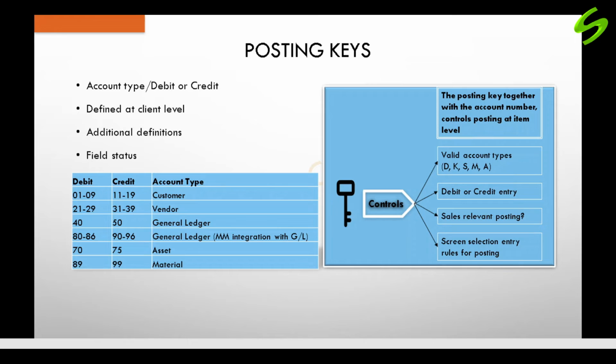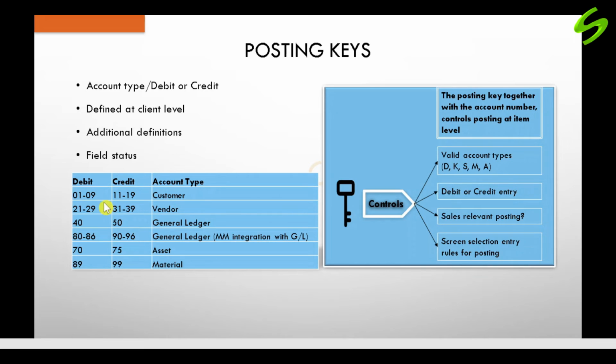We cannot combine the field statuses suppress and required entry. This will result in an error. Since the posting key level field status is not used, all the field statuses are marked as optional entry, which has the least priority.